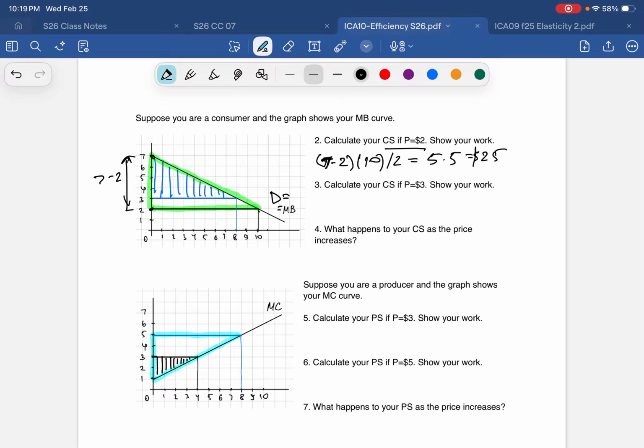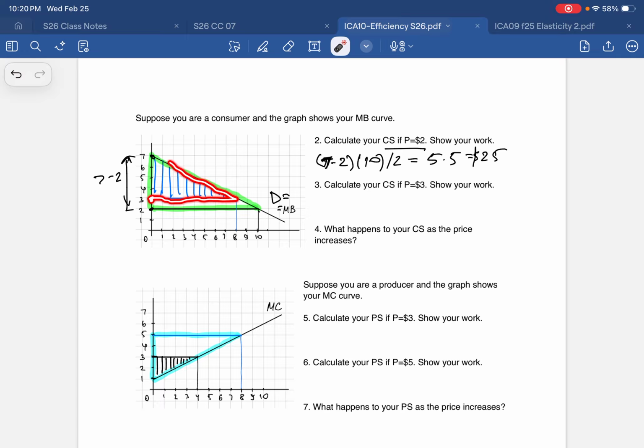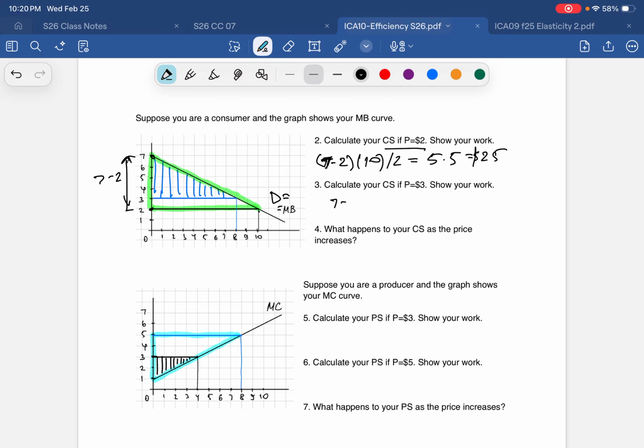Now calculate your consumer surplus at $3. So here it is. Now we need to figure out the area of this triangle. So again, height times base divided by 2 gives us what? 7 now minus 3 times 8 divided by 2.